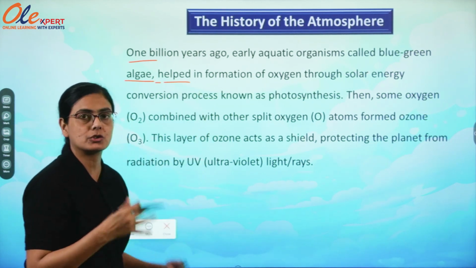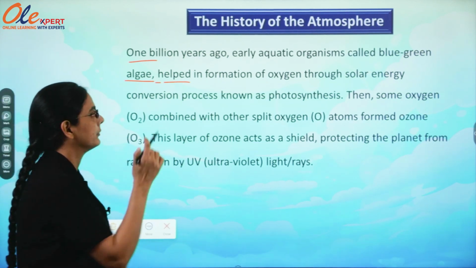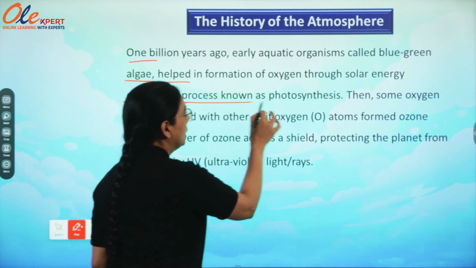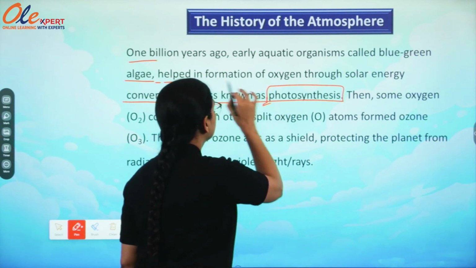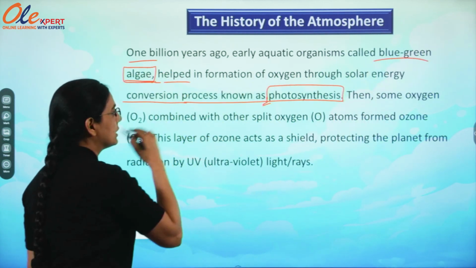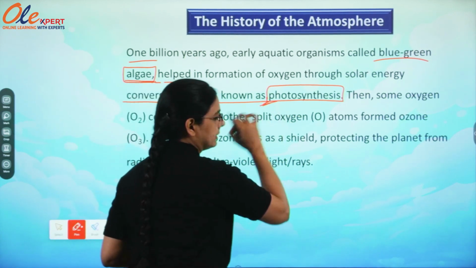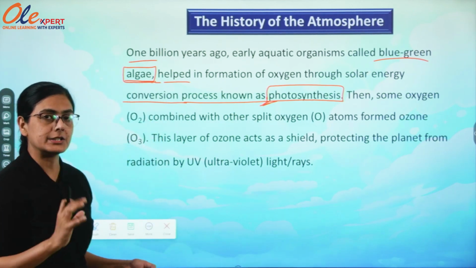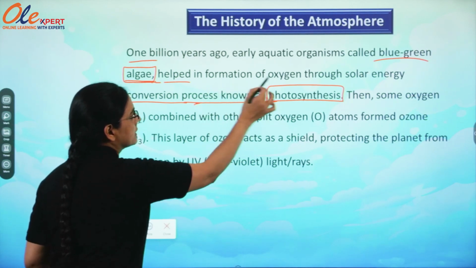They helped in the formation of oxygen, as they were getting energy from the sun, through a conversion process known as photosynthesis. Blue-green algae were the first organisms to carry out photosynthesis, taking solar energy and forming oxygen.